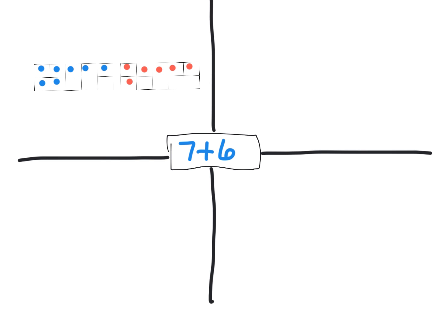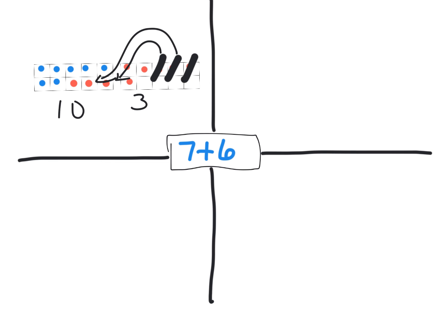So they might have taken some of these red dots and filled in. Oh, so I'm going to fill in 3 dots, which really moves these dots. And so I can clearly see that my answer is 10 plus 3, and so the answer is 13. So the old classic: fill in a 10 frame and see what you've got left over.